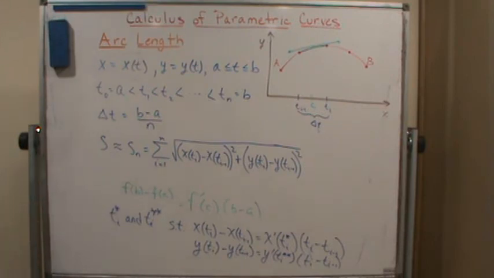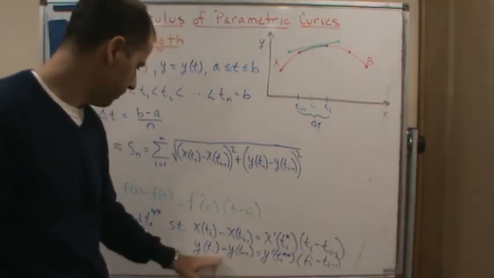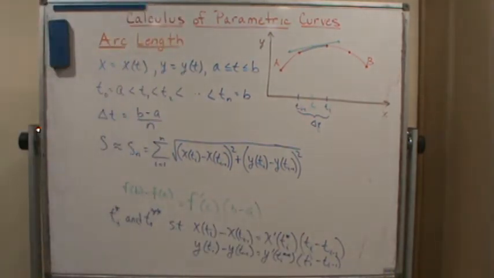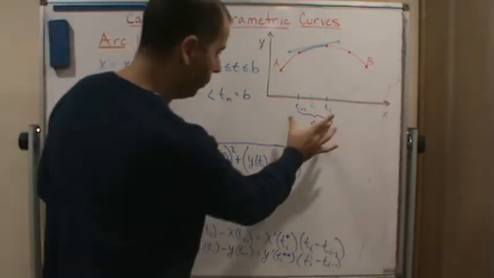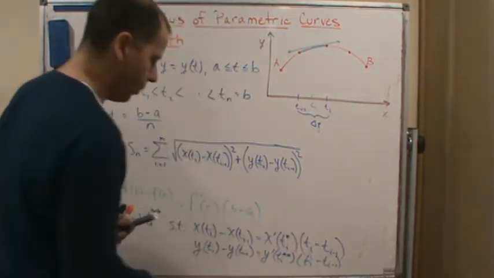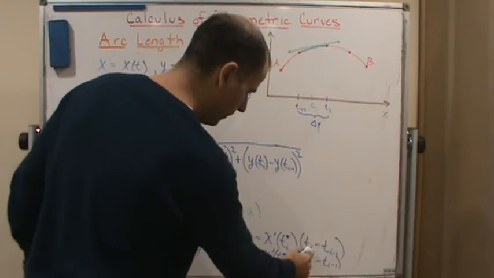Now I'm going to replace both of these in here with these. These two, t sub i minus t sub i minus 1, are just delta t, so I'm going to replace them with delta t.